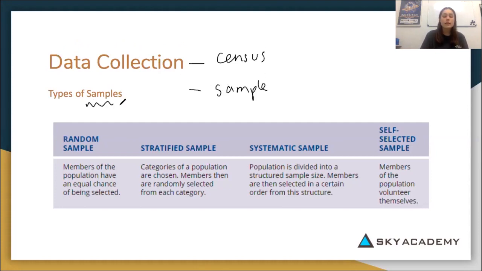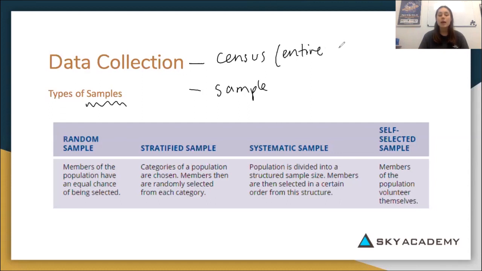But before we do that, I just want to clarify what a census data collection is and what a sample data collection is. A census data collection is a survey or data from an entire population. So this is entire information from an entire population.